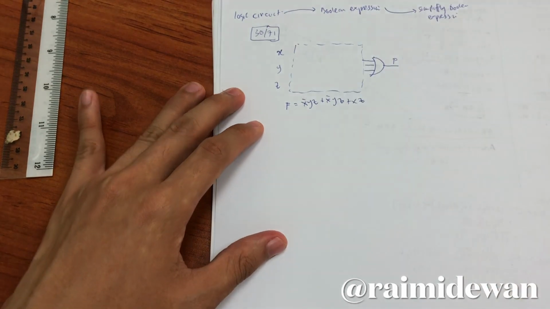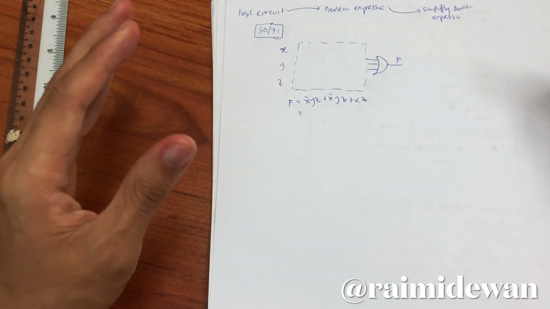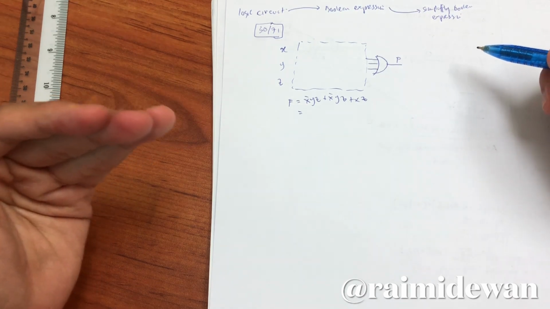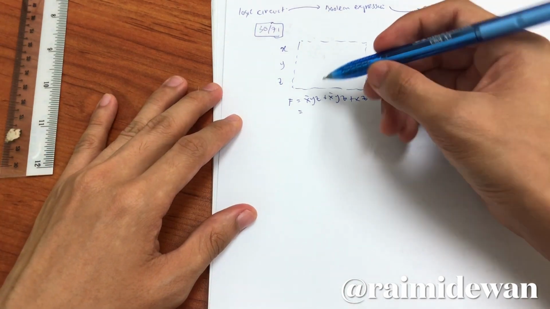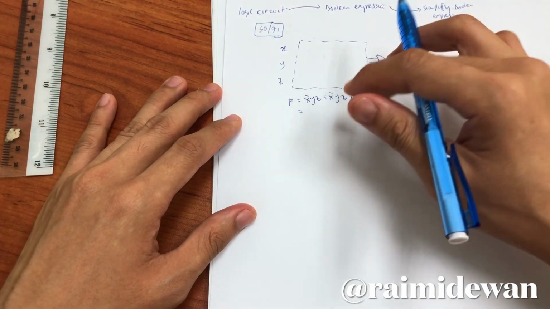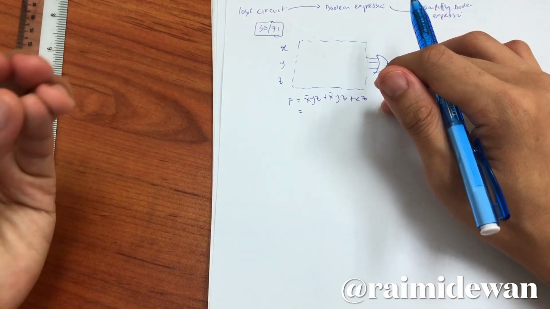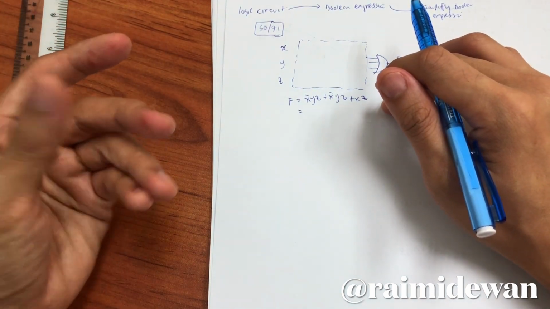So logically, you try to simplify this because you try to reduce the number of logic gates involved.